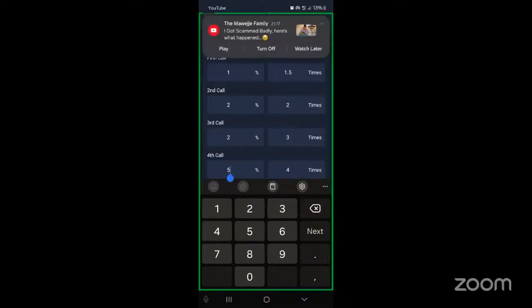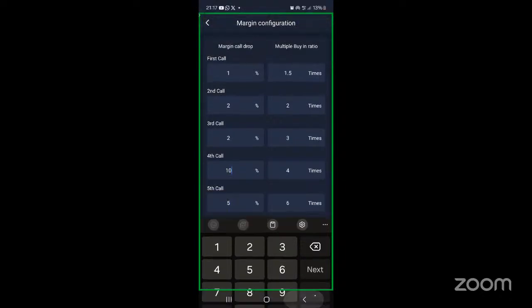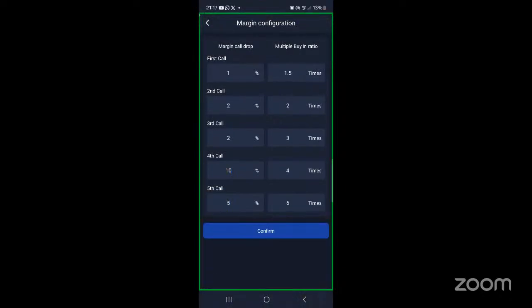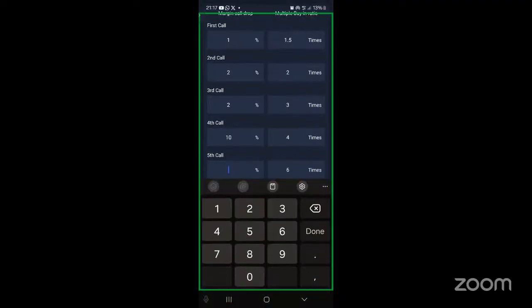The 5th order, I'm going to make it when the market has dropped with 10%. And the 3rd one, I'll make it with 15%. Are you seeing this? Now, what will happen?